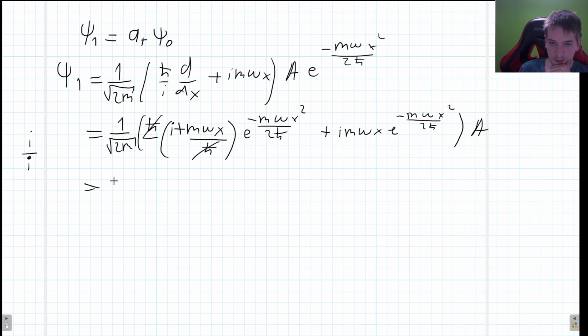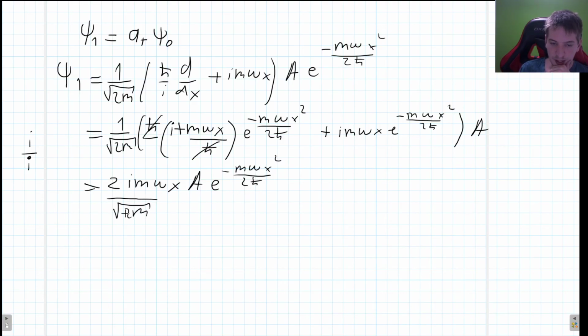So this whole thing will just be twice i m omega x times this constant a times e to the minus m omega x squared divided by 2 h bar, and this whole thing divided by the square root of 2m.